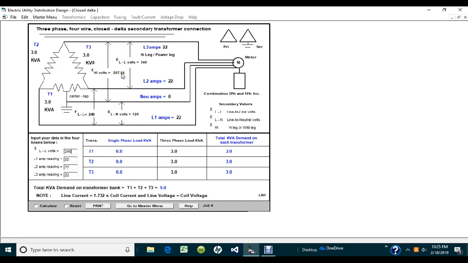It turns out to be 207, and most common people nomenclature used for this is just 208, and you usually call it a high leg, a stinger leg, a power leg, whatever's normal for your company, but it is a high leg, okay, as far as I'm concerned. And that is an oddball voltage that you don't use for your single phase load, because you're usually using 120 volts as your phase to ground voltage when you have a 120 240 volt delta connected transformer bank. So let's do this.